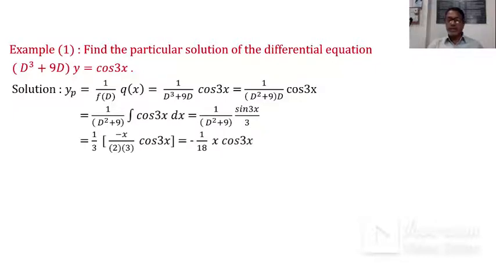Using that result, this is 1 upon 3, minus x upon 2a, that is 3, into cos 3x. And after simplification, we obtain the particular integral, which is equal to minus 1 upon 18 x cos 3x.